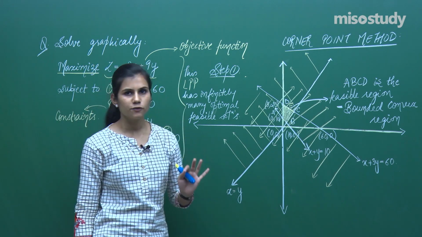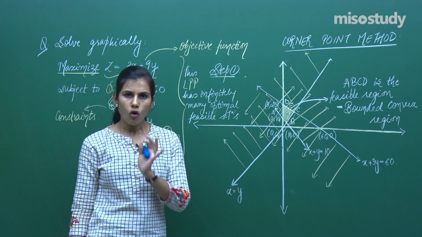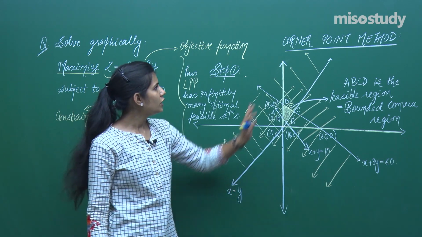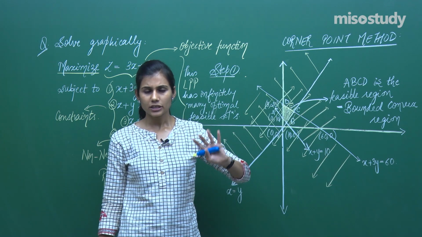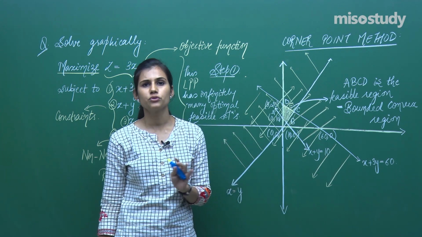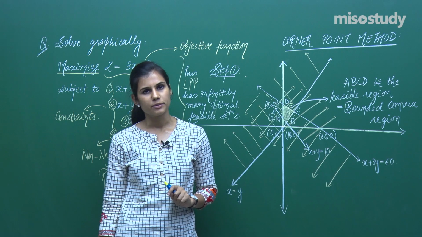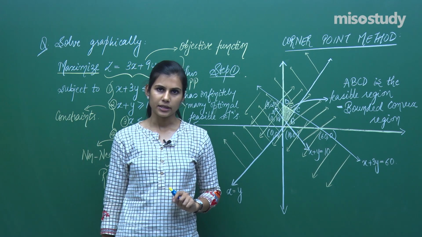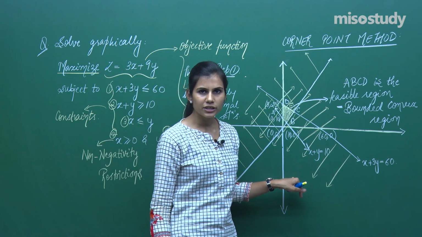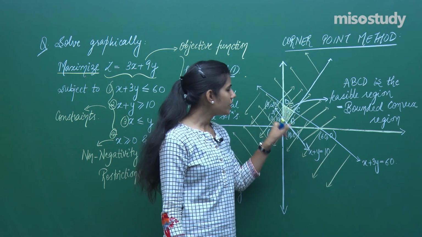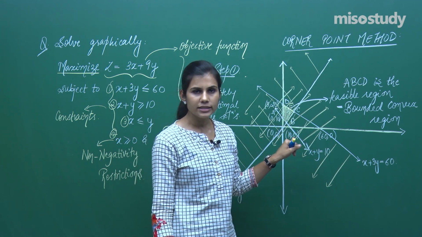So just one word of caution, we have just adopted all the steps from the algorithm of the corner point method. You always have to use this in order to get to the optimal feasible solutions of the given LPP. So the first step was to get the feasible region. Once we got the feasible region, we identified all the corner points.